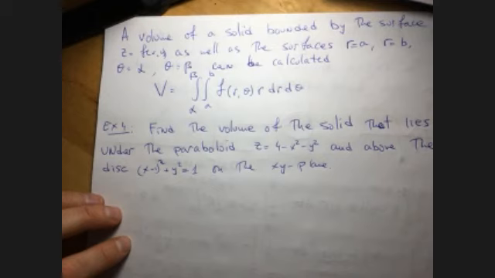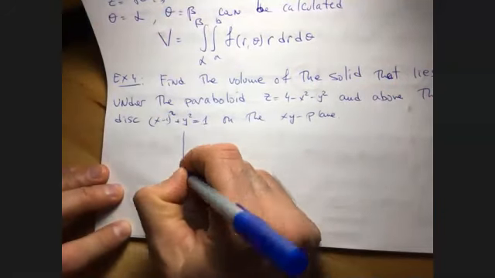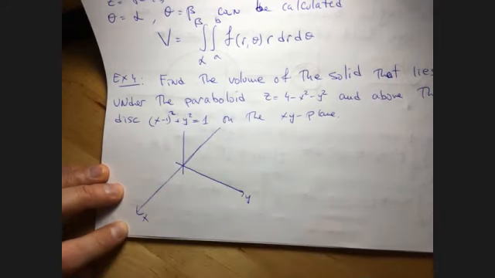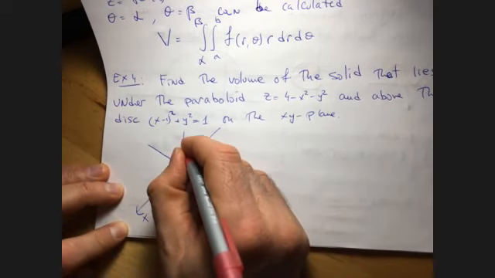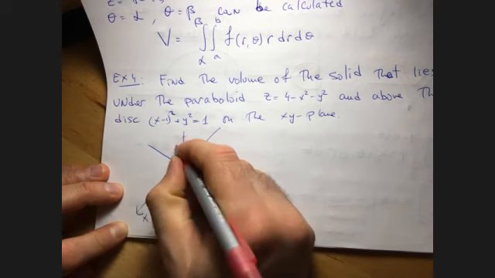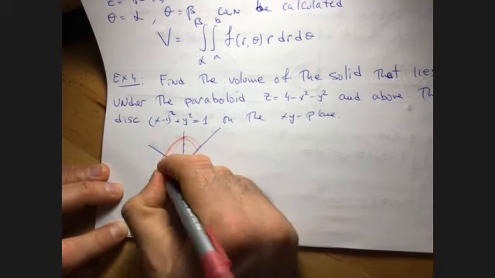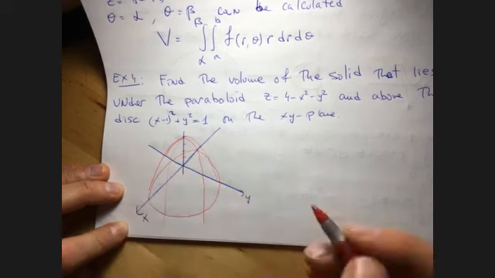so what does this mean? It means that we're looking for, so let's say that this is the paraboloid, right?